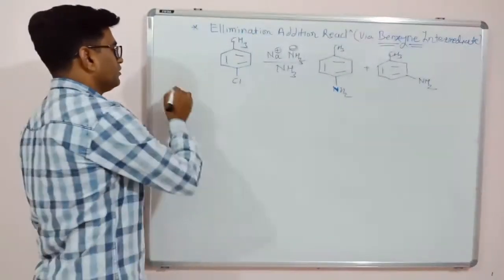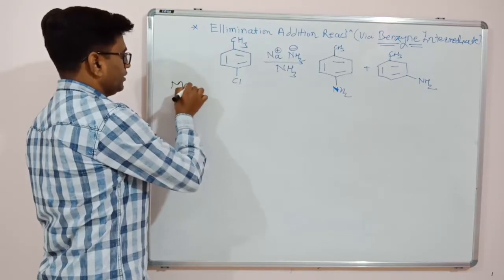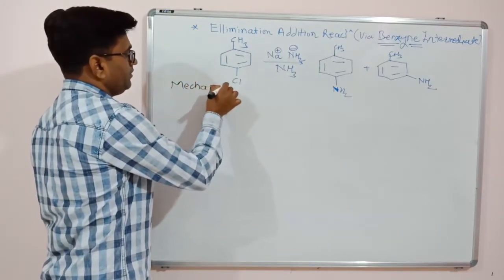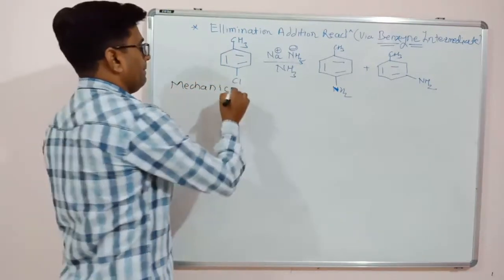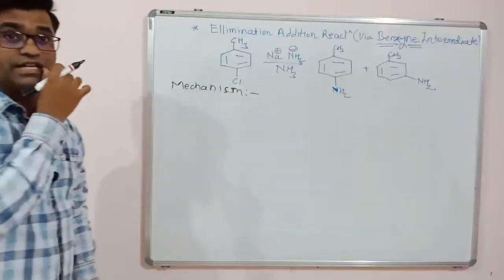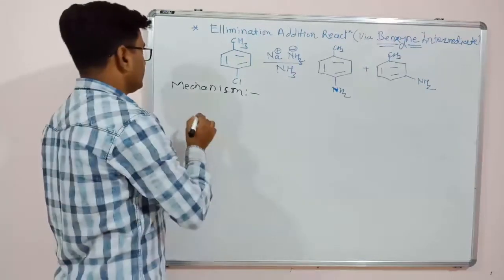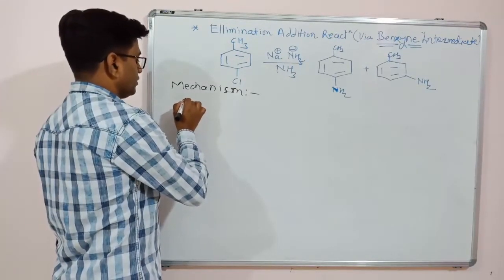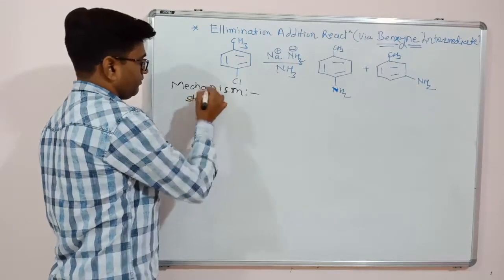So what is the mechanism of this reaction? This reaction goes via benzene intermediates, called aryne intermediates. This mechanism has two steps. Let us see the first step.